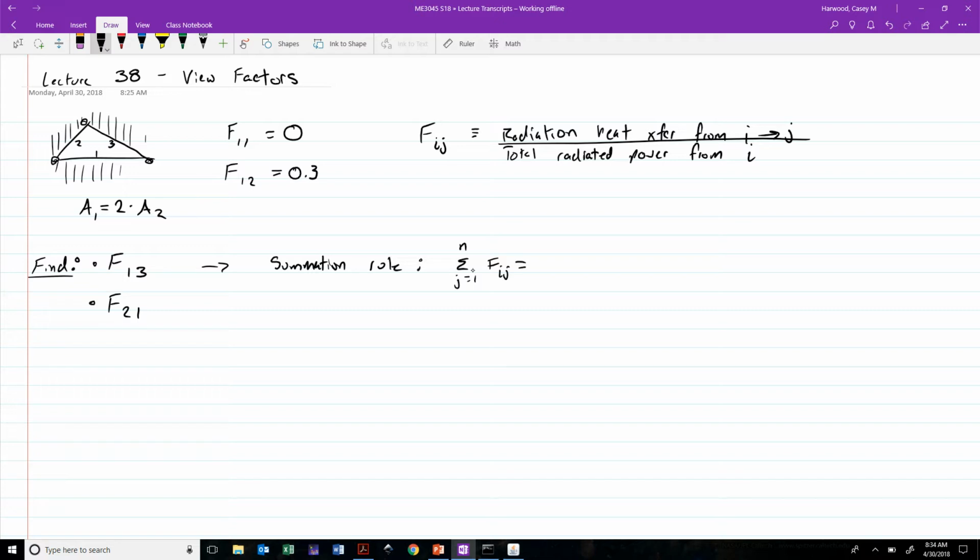In this case, F11 plus F12 plus F13 has to equal 1. Therefore, F13 has to equal 1 minus 0.3 equals 0.7.